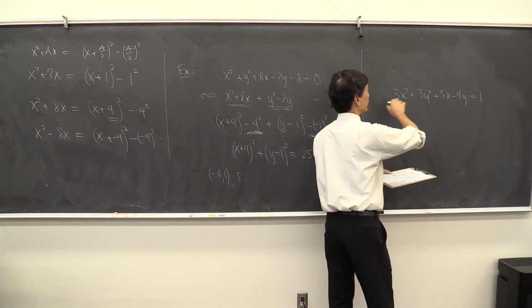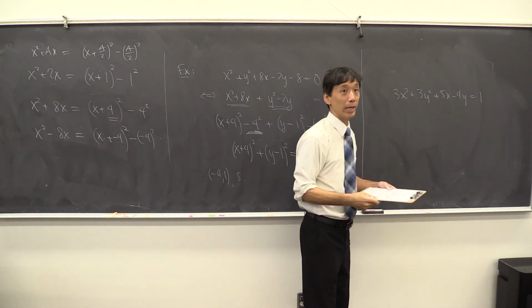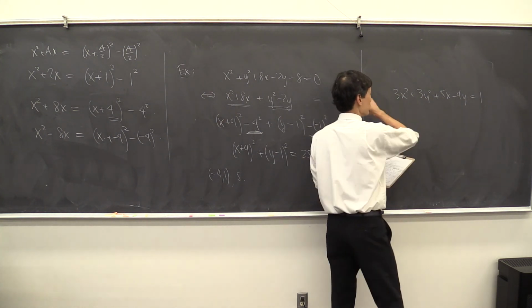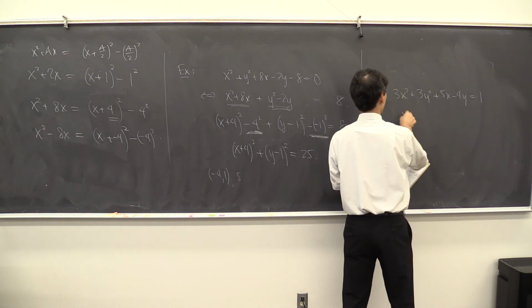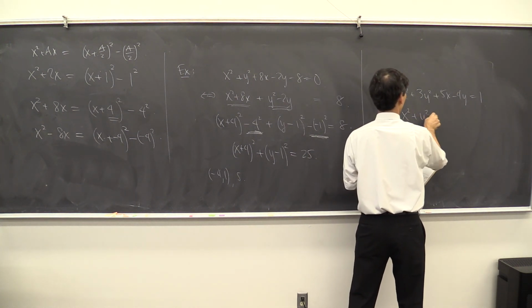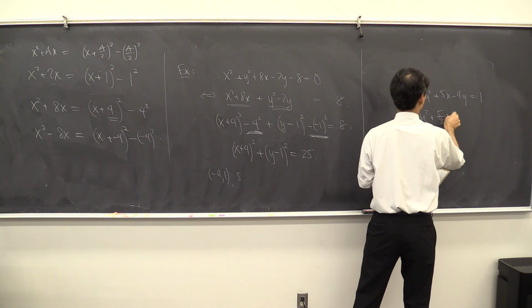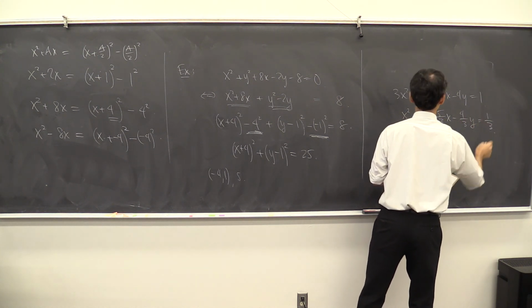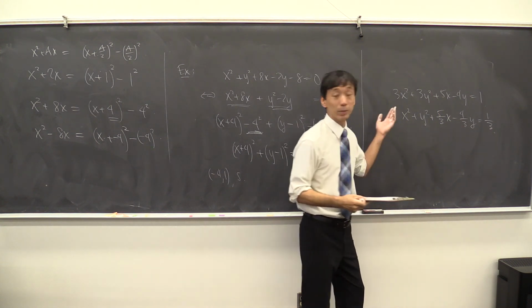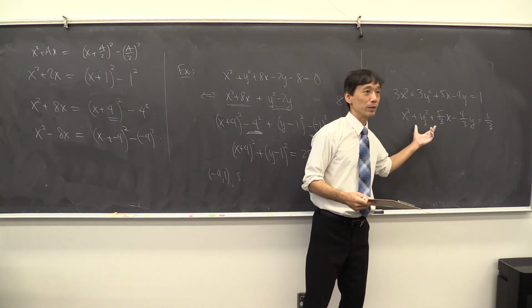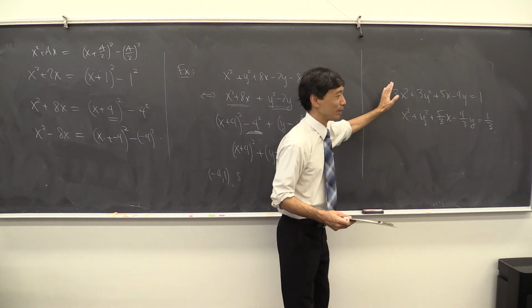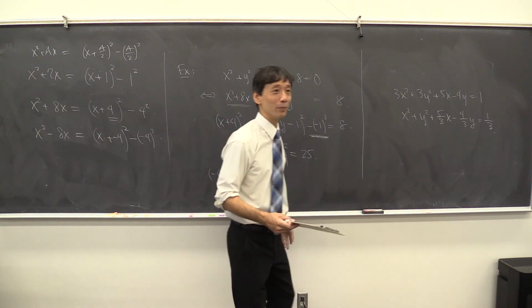You're allowed to multiply an equation by a non-zero number, so let's multiply on both sides by 1/3. And then you're in the same position as before, and you use completing the square again. So that's almost a useless obfuscation.